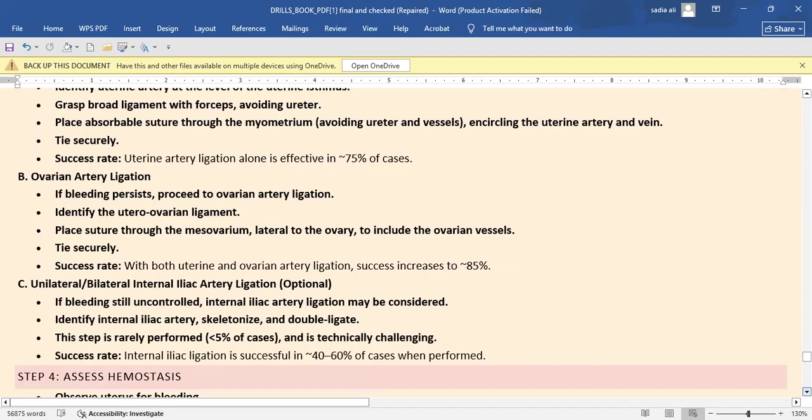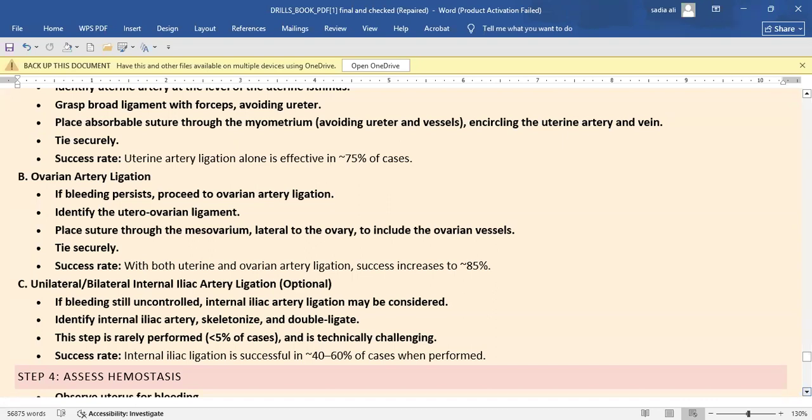If bleeding persists, still not controlled, then we have to do devascularization, not only of the uterine artery but all the vessels. First uterine, then ovarian, then bilateral internal iliac artery. The ovarian artery is ligated if the bleeding is persistent.